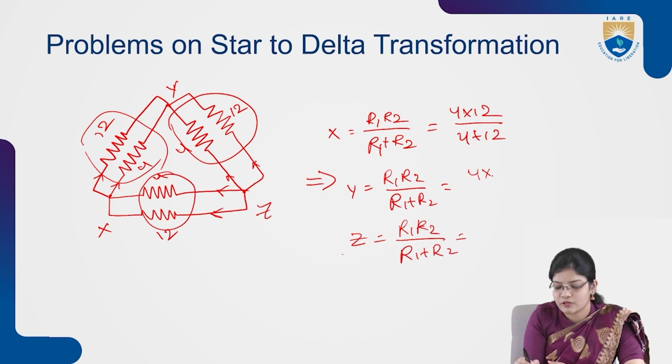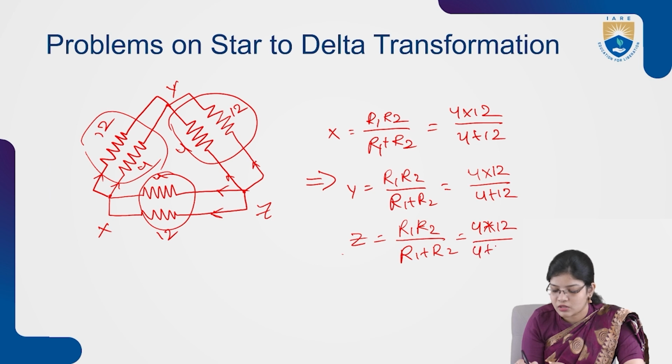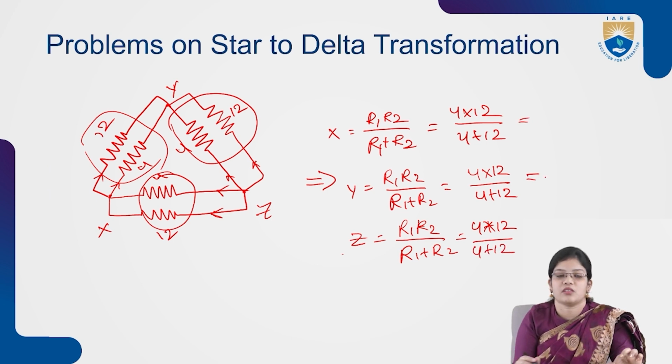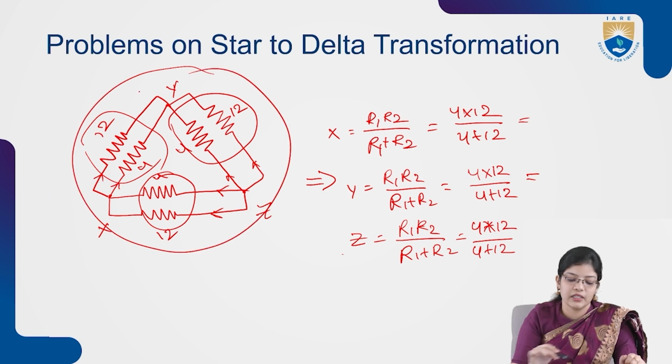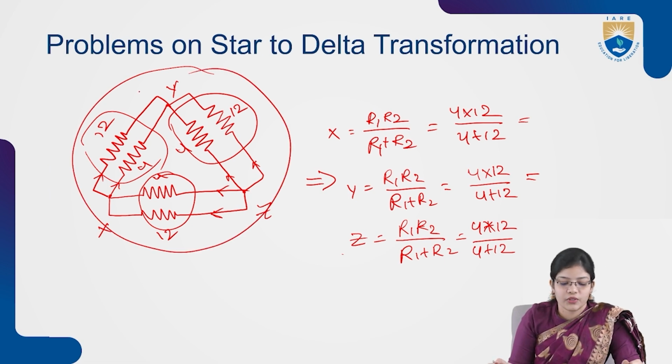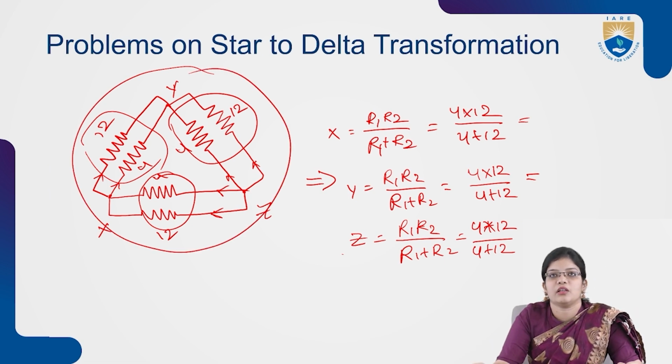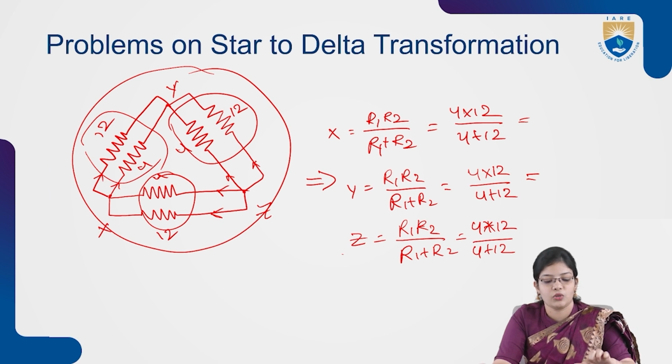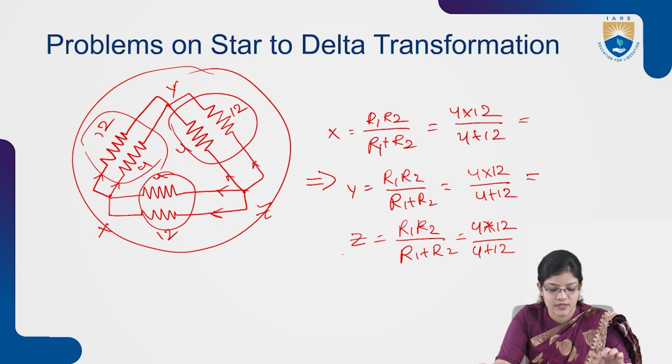Again, for calculating for Z, R1 into R2 by R1 plus R2. So it will be taken as 4 into 12 by 4 plus 12. As the values are same for all the connections, I'm taking it this way. Now we have to convert this entire circuit into a single delta circuit. For this, first we need to calculate the parallel resistances so that we'll get a single value.